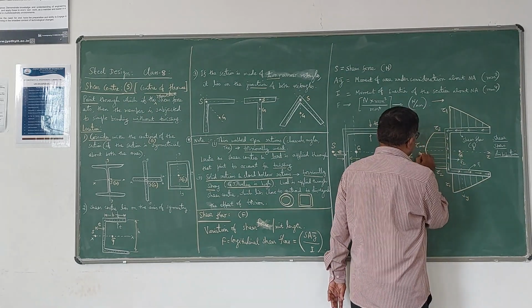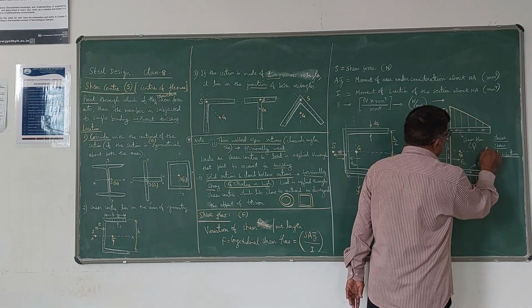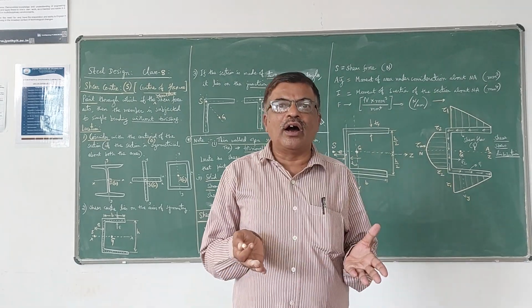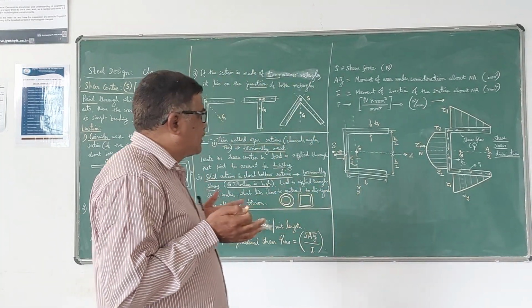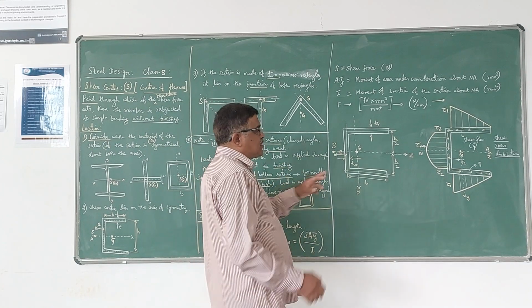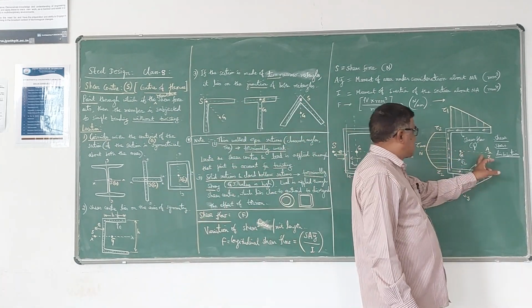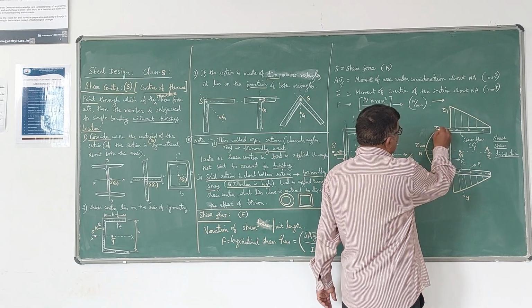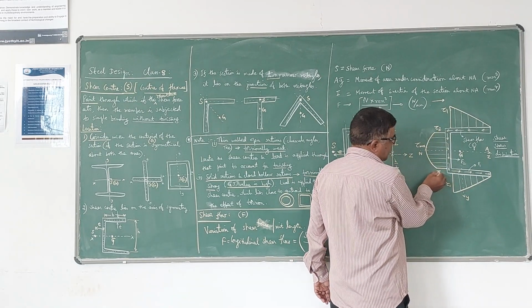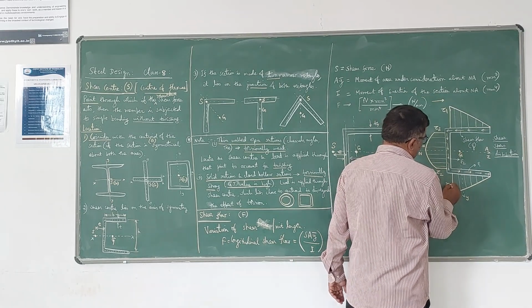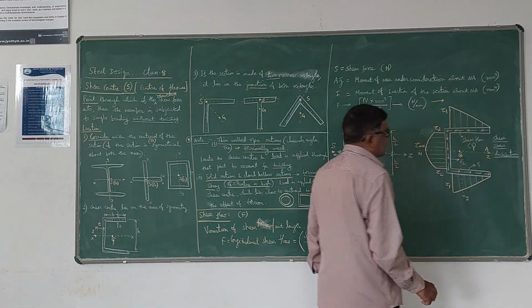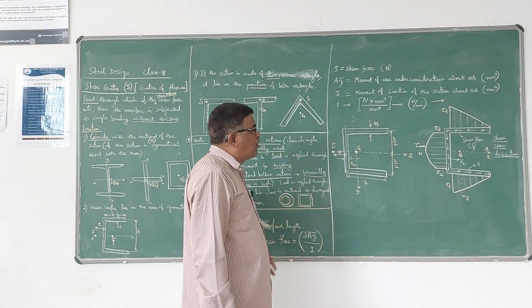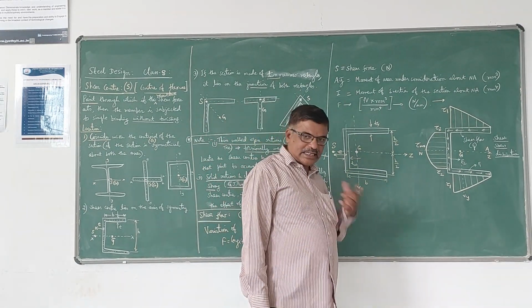So this is the neutral axis. So you have studied in bending stress and shear stress that bending stress is 0 in a flexural member at the neutral axis level, whereas shear stress is maximum at the neutral axis level. Now here, since it is symmetrical, whatever total is there this side, total also will be there this side, and these two are symmetrical, therefore tau 1 to 0, it will be like this. So here F1 and F2 are shear flows, tau 1, tau 2 are the shear stresses.